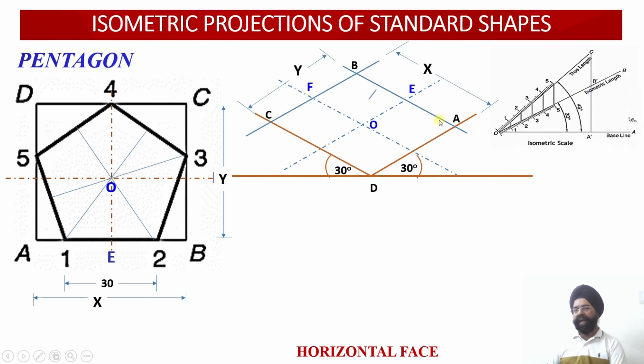Similarly, through B, I measure the distance of point 2. So this is the true length and this is my isometric length. I am going to mark the distance of point 2 from B and the distance of point 1 from the corner A of this rectangle.